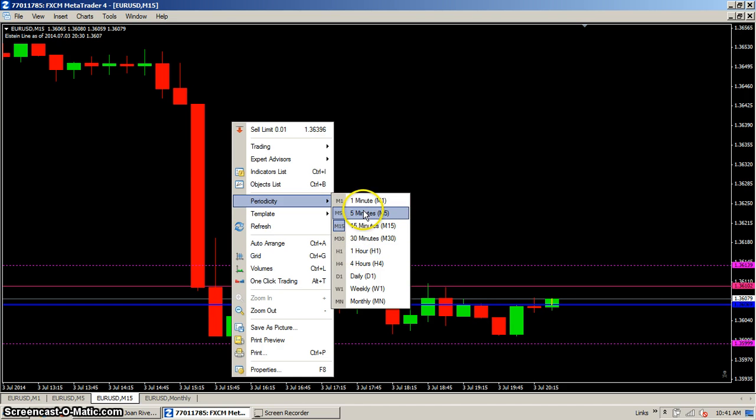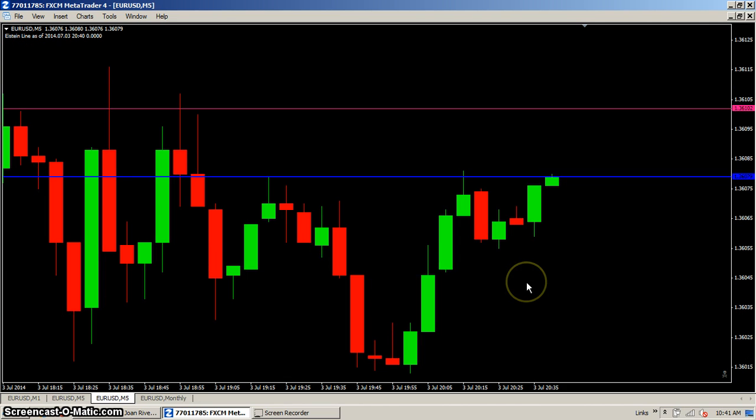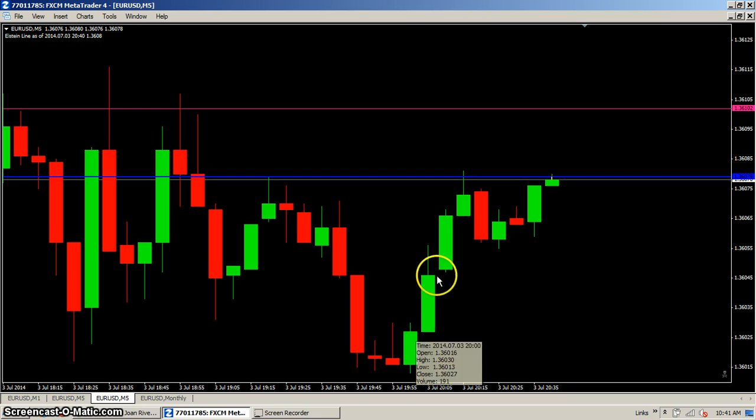So maybe you like to use the 5-minute chart. You see, once again, price turn here at the bottom. You can stay in the trade. Price turned against you. Maybe you say, well, I like this. Maybe you moved your stop up. Once this candle closes, maybe you move it up to the close of this candle.